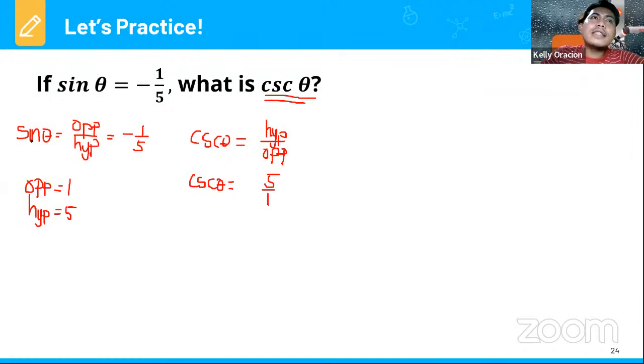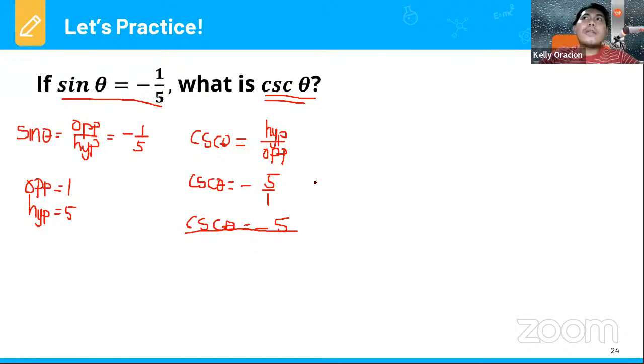But take note, since our sign is negative, our cosecant is also negative. If the sign is positive, the cosecant is also positive, if there is no certain condition. So the answer is cosecant theta is negative 5.